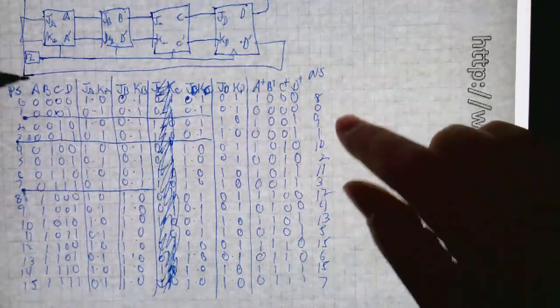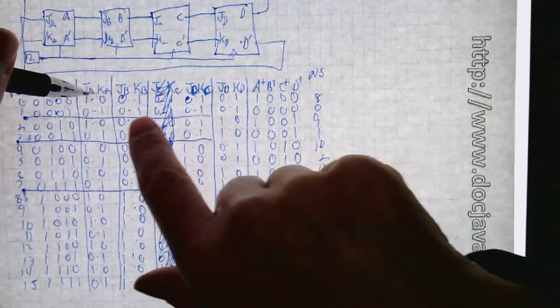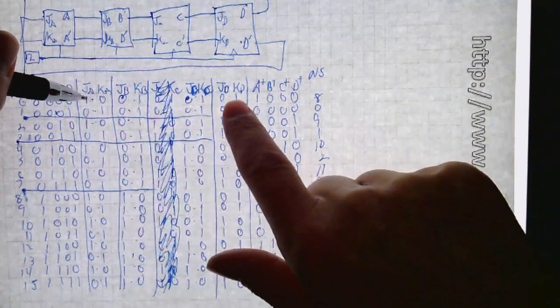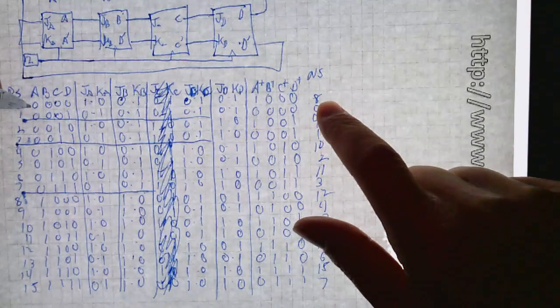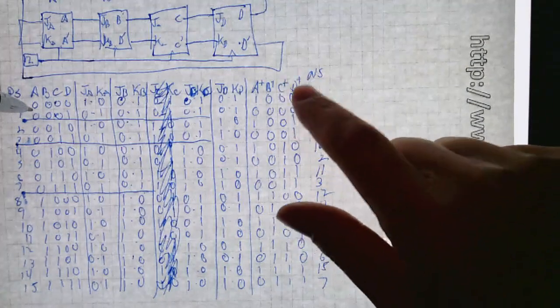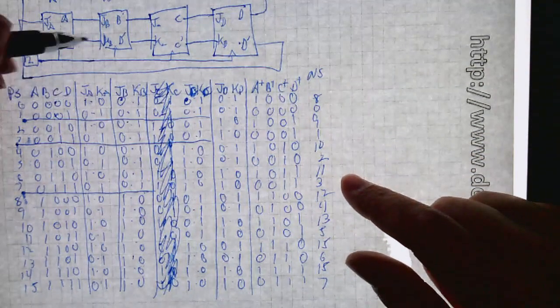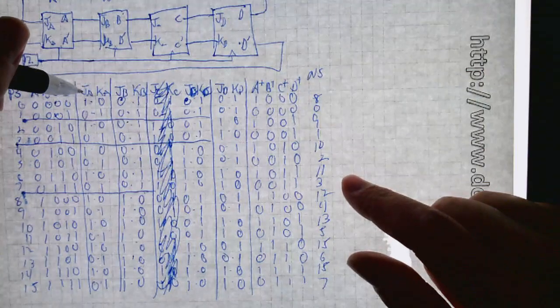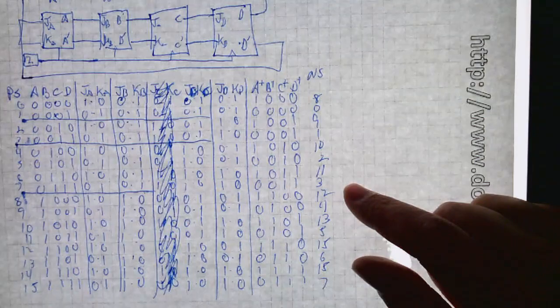So if you're in state 0, the stimulation of the flip-flops will cause it to change to state 8. That's what A plus, B plus, C plus, D plus represents, the next state for the flip-flop, given the wiring diagram and the inputs to the flip-flop. What do you think of that?